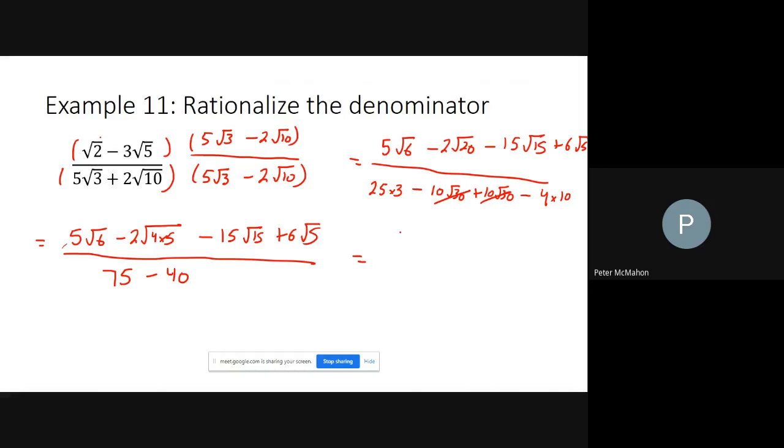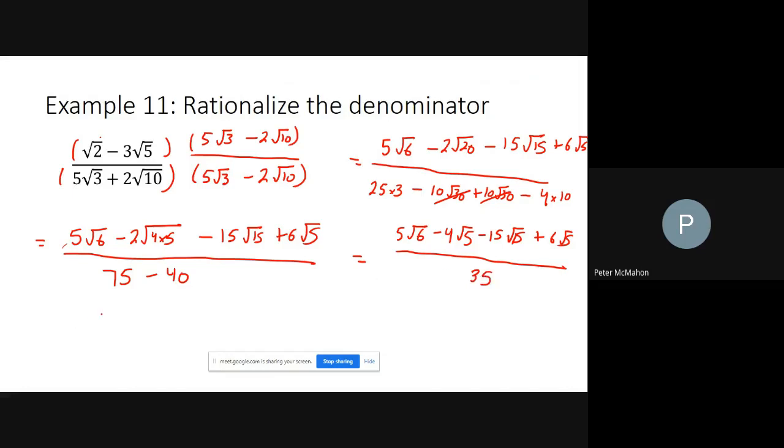So we get 5 root 6. Root 4 is 2 times 2 is 4 root 5 minus 15 root 15 plus 6 root 5. 75 minus 40 is 35.